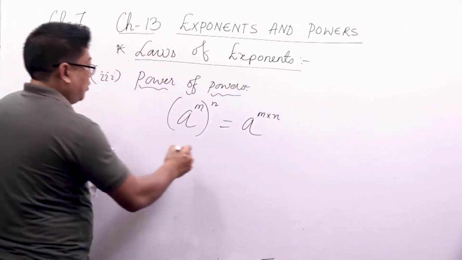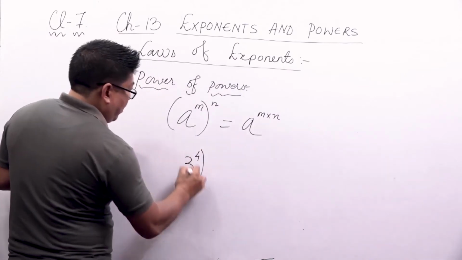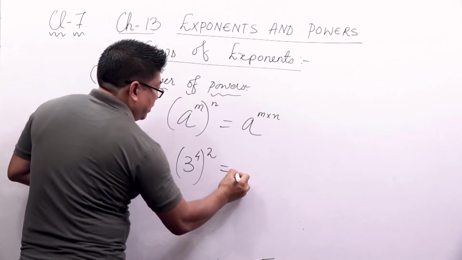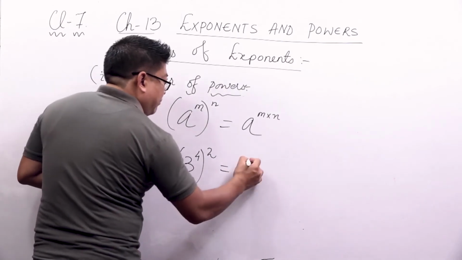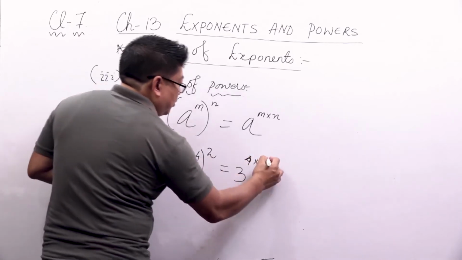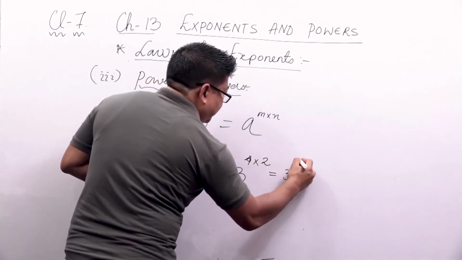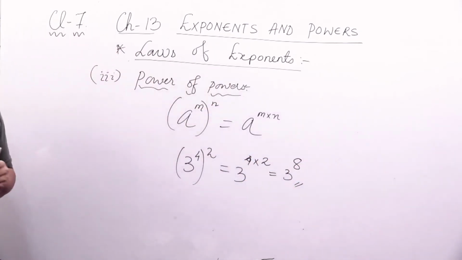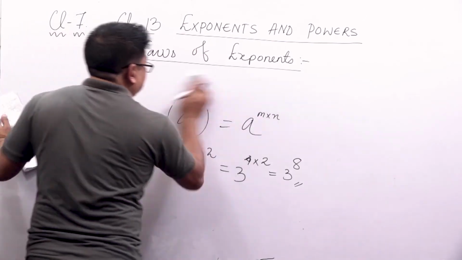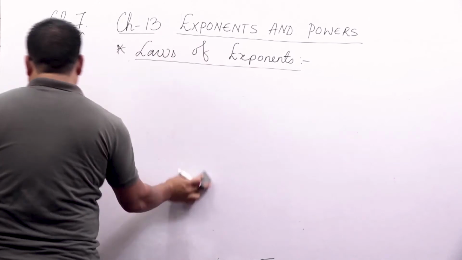So the example is 3 to the power 4, and let's say m is 4, n is 2. So base will be same, 4 into 2. So you are getting 3 to the power 8. So this is the third law that we have learned. Let's quickly move on to the next law.